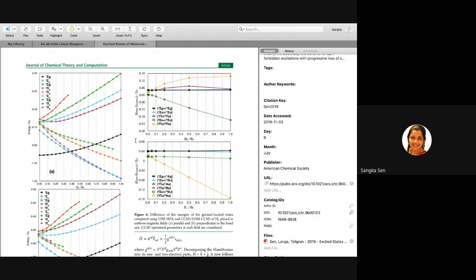Ideally, if you wanted to plot a proper state energy versus field, you should have optimized the geometry at every field, and then calculated the energy states. But the problem is, firstly, it's expensive, and two, it will become impossible to track the states.